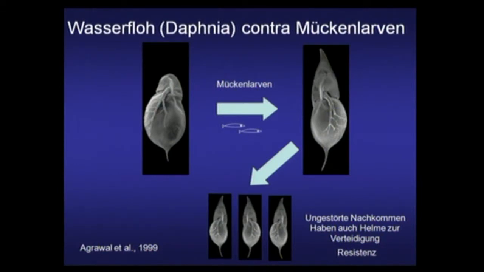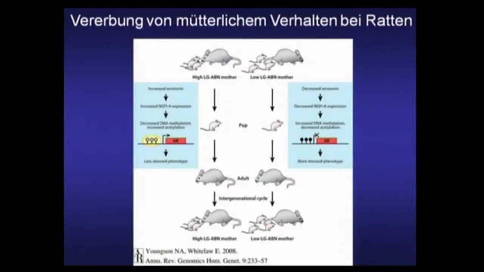In a few experiments, it was possible to show that there are epigenetic changes. Here, for example, the research group of Michael Meaney tested rats, female rats, mothers that show a different behavior with their young.